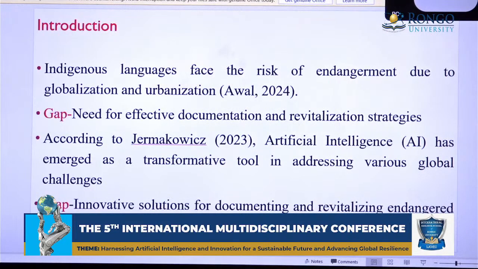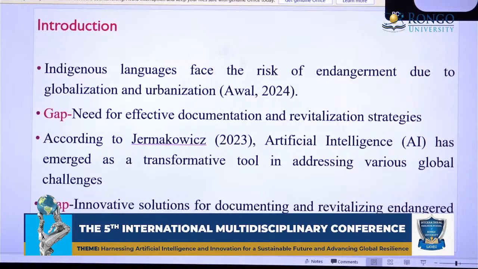According to our 2024, indigenous languages face the risk of endangerment, and what causes this is globalization and urbanization, and also the languages which are dominating our sphere of education and even media, which is making many people nowadays to be more on those foreign languages than our native languages.